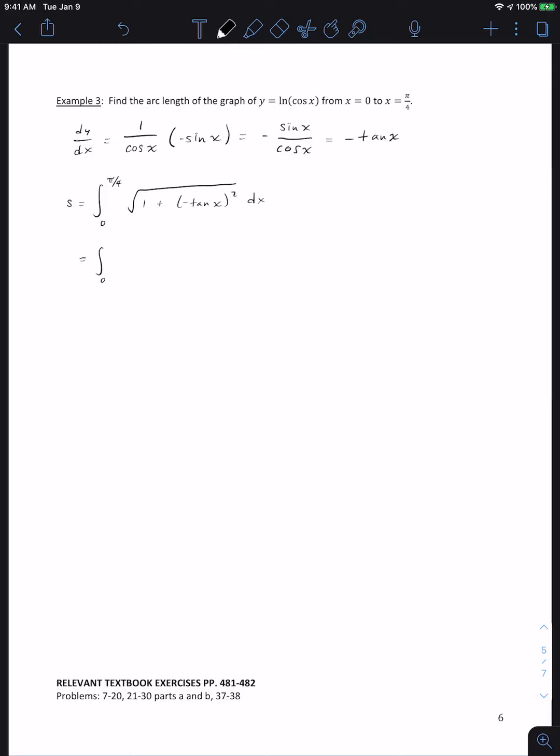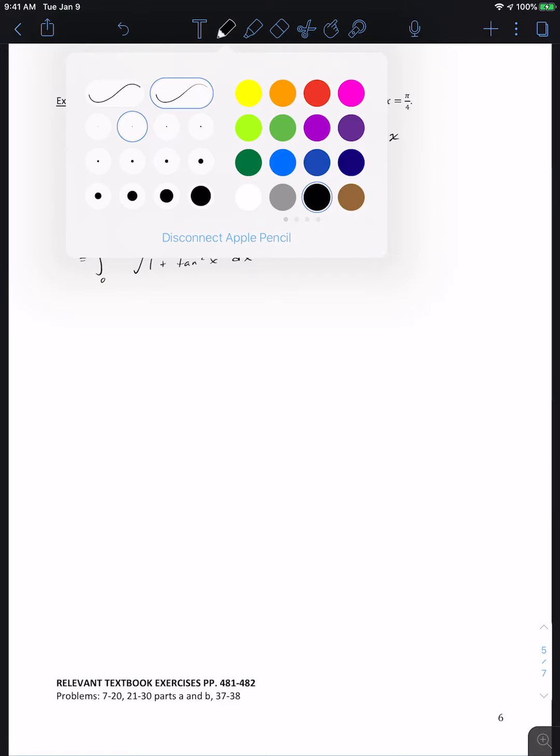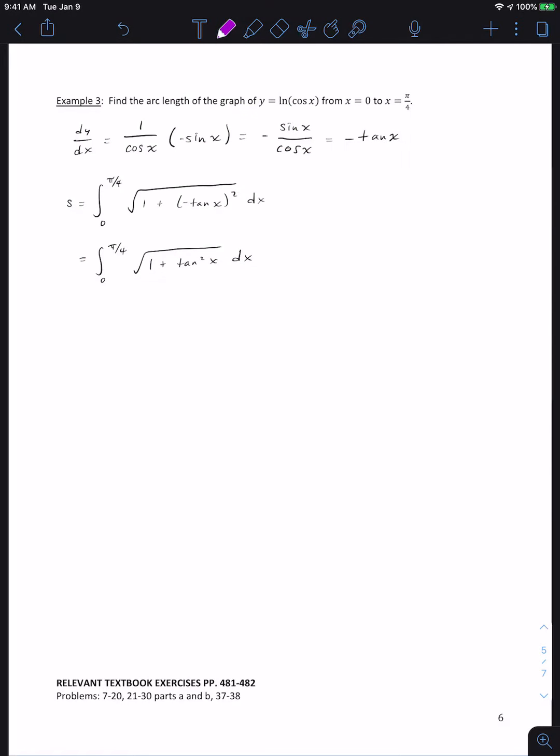So we should simplify this. 1 plus negative tangent squared is positive tangent squared x dx. Remember, this is a trig identity. 1 plus tangent squared x is equal to secant squared x.